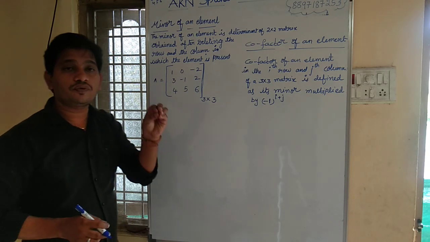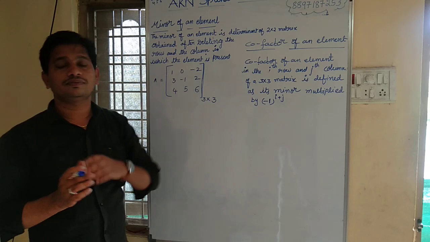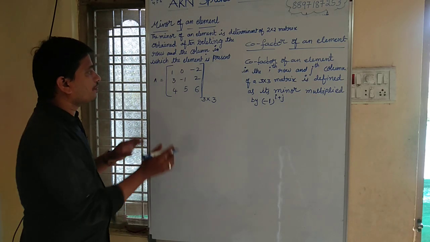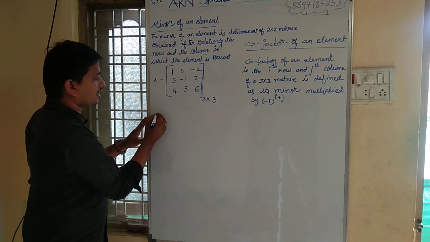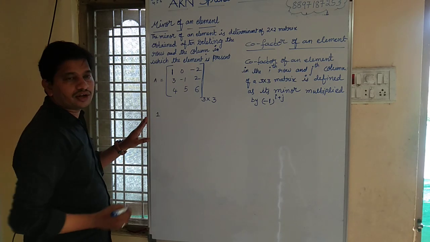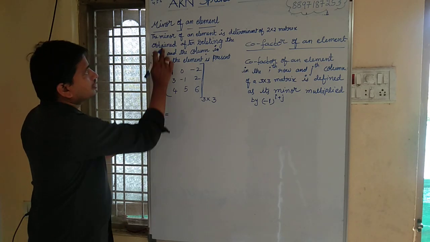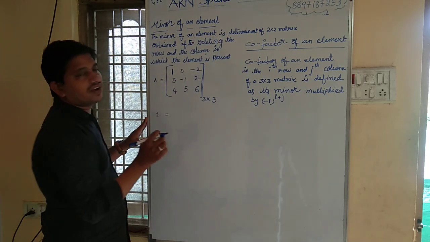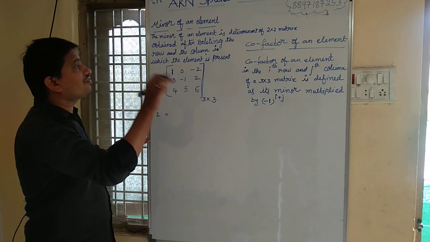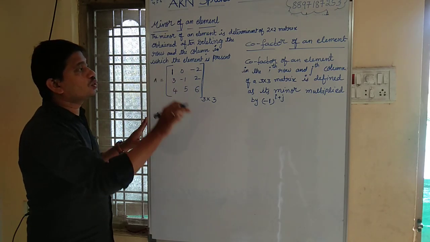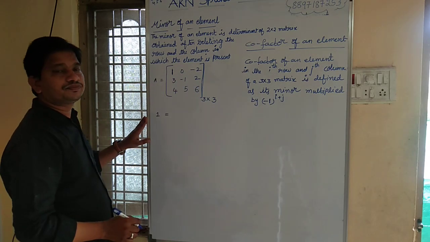If you want to find the minor of a particular element, for example the element 1, the minor is defined as the determinant of the 2 by 2 matrix after deleting the row and the column in which the element is present.